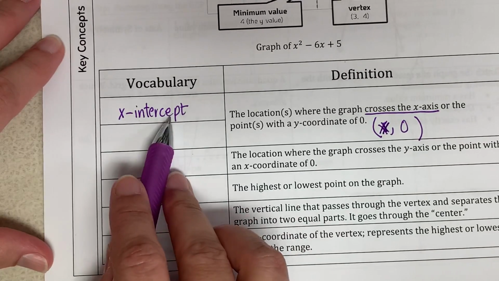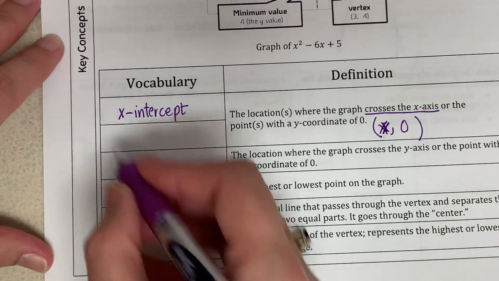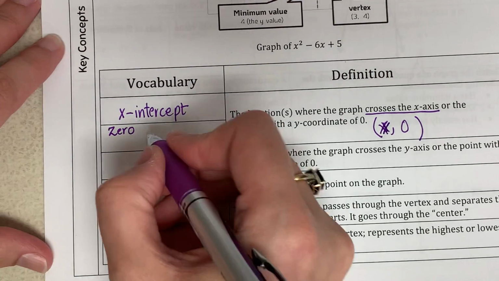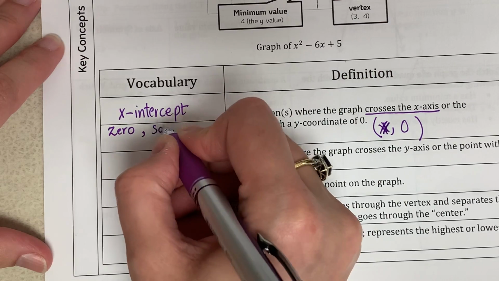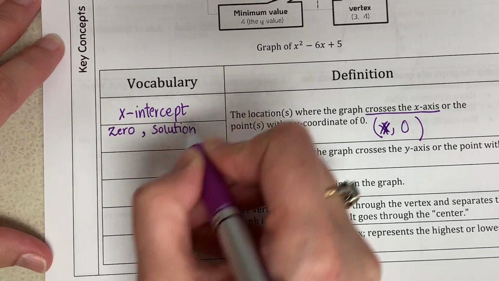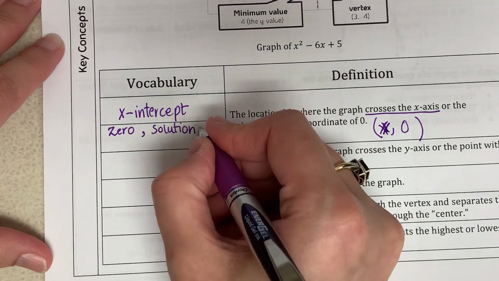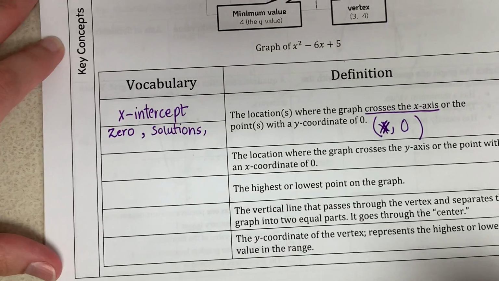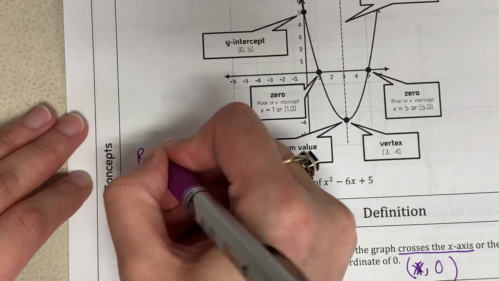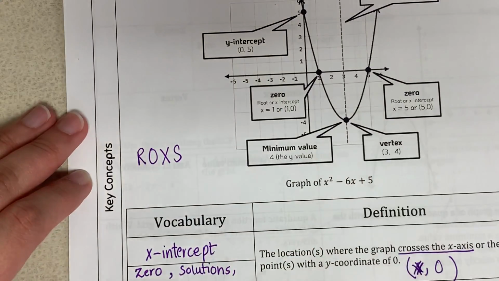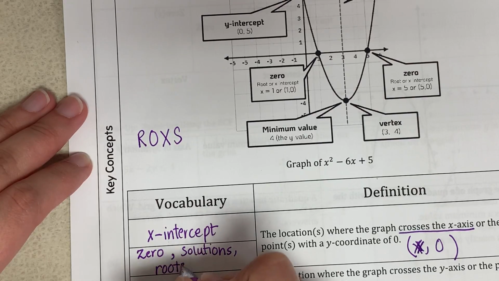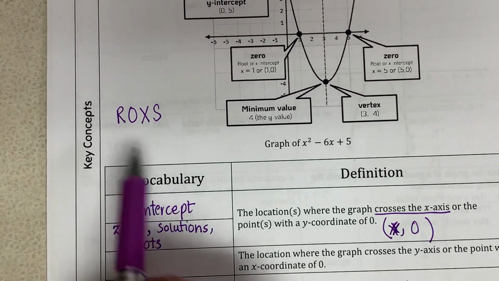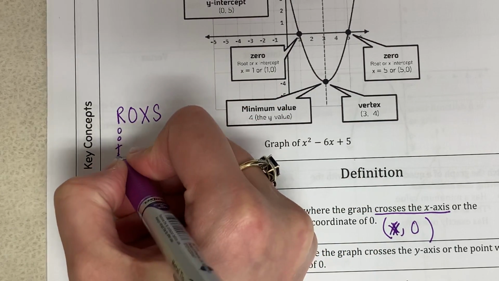Now, the x-intercept actually has 3 other names. The first one you already know, which is zero. The other one that you are going to learn more about is called solution or solutions. And what else? I have to use a keyword: roots. That's the keyword that helps me remember as well. So x-intercepts are basically roots.